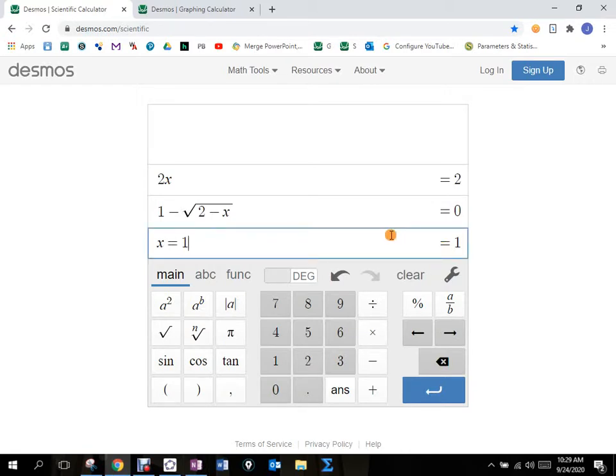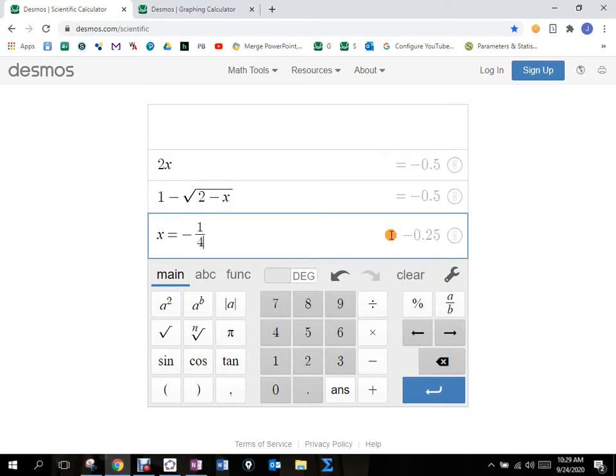Type in negative 1/4, and you see that they evaluate to be the same, so then that tells me that negative 1/4 was a valid solution to the equation. Does that make sense? Okay, so you can use that.